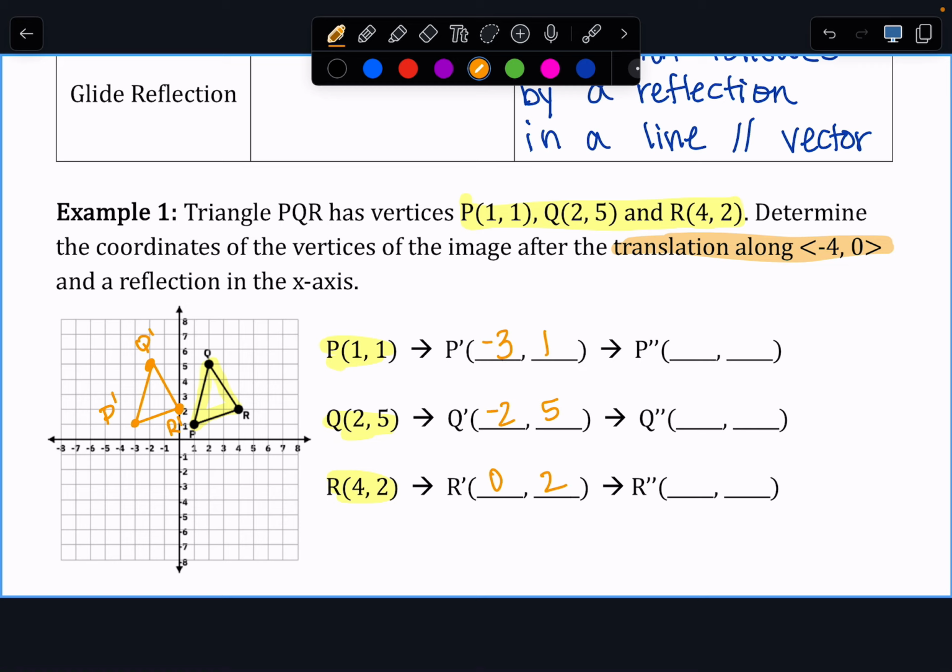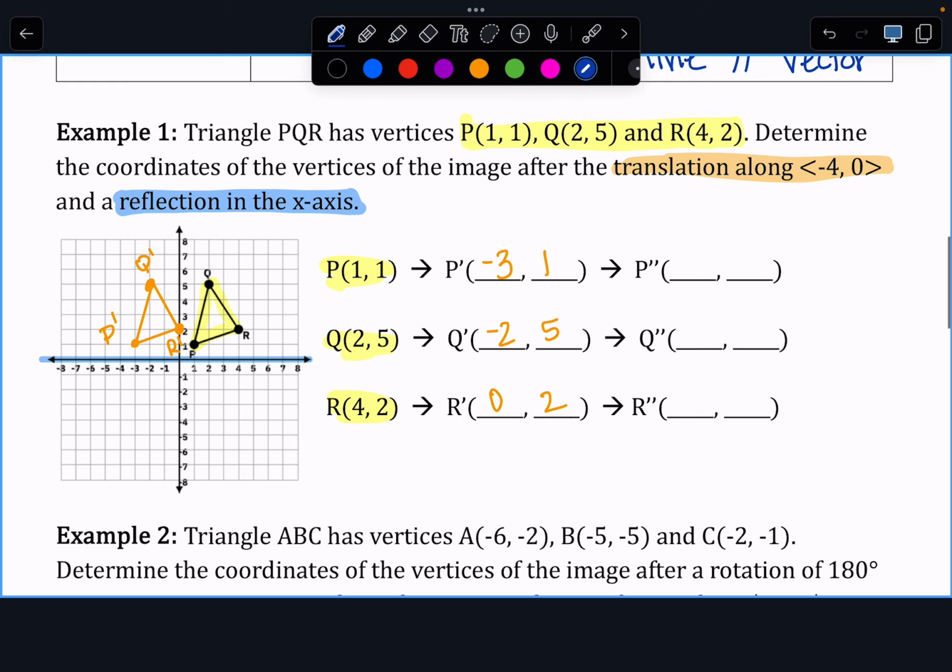Okay, do you notice how I labeled my triangle P prime, Q prime, R prime? Okay. Now, with the orange triangle, we are going to reflect in the x-axis. So here is my x-axis. We're taking the orange triangle and reflecting it over that x-axis.